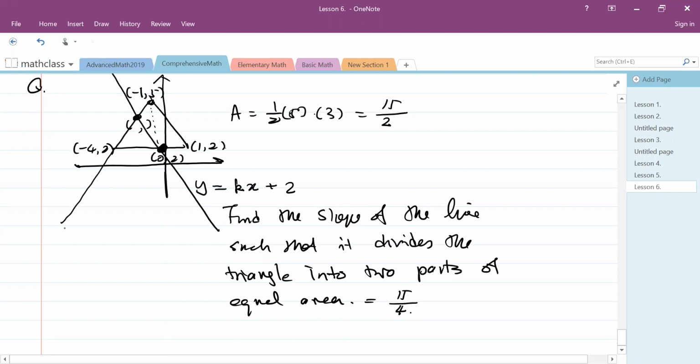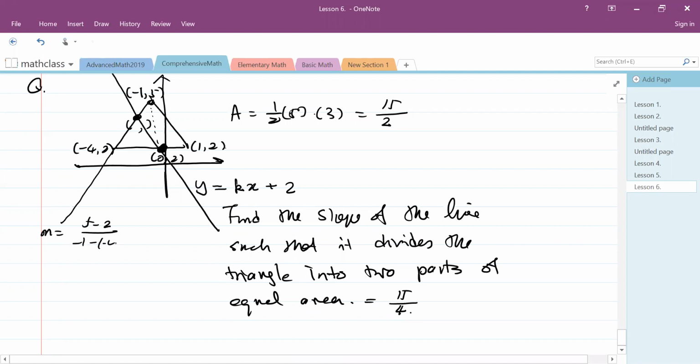The slope here is going to be, right? We did that before, right? 5 minus 2, over -1 minus -4.